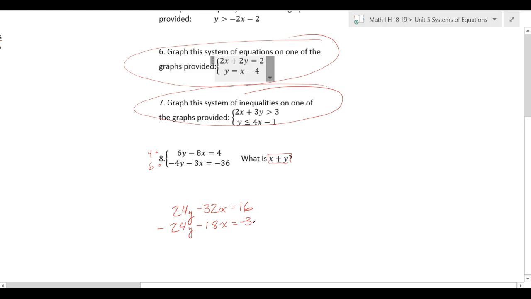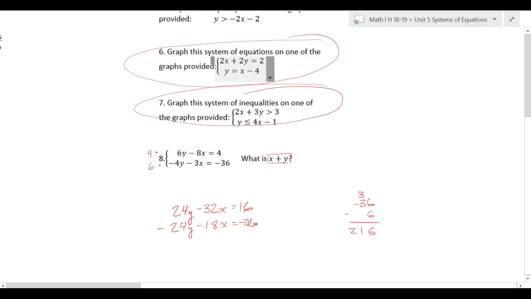let me find my eraser here. Negative 36 times 6, I get 6, 3, 18, negative 216.